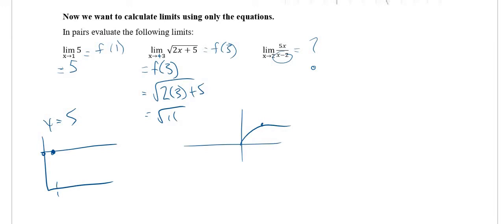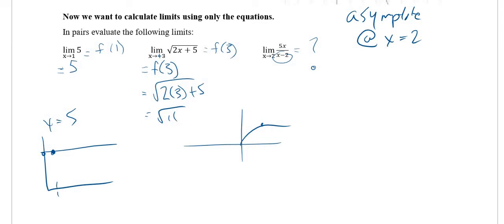Now, dealing with the third problem here, this is a rational function. We've worked those before, and we know that looking at this denominator, we have x minus 2, which means that we should have an asymptote at x equals 2.